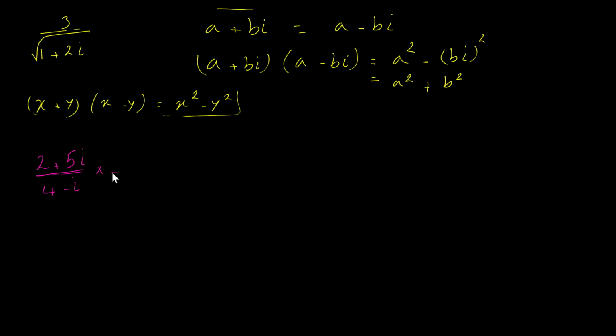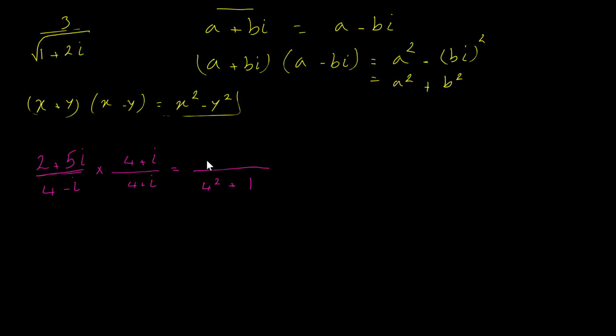So we multiply by the conjugate of the denominator, which is 4 plus i, 4 plus i. As we said before, the denominator is going to be 4 squared plus the value of the coefficient of i, which is 1, so it's going to be a 1. And then the numerator multiplication.